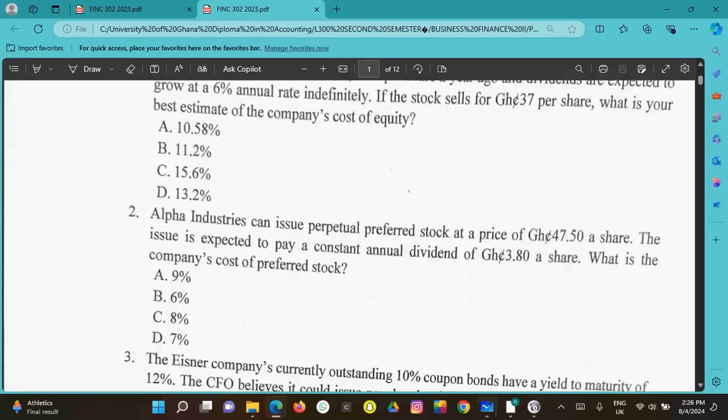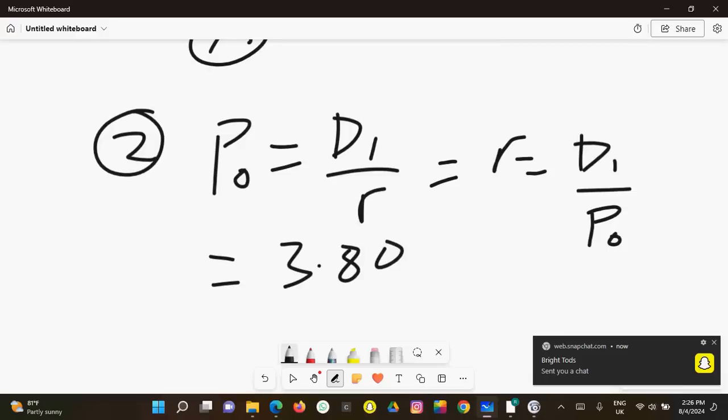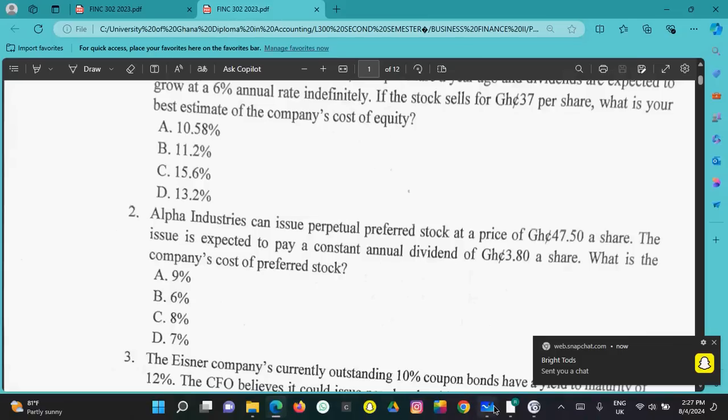And in the question, we're given D1, because for the preference share the dividend doesn't grow, it is constant, so we are going to use the dividend as D1. So 3.8 divided by 47.5, and it is going to give us 8%. Right. So giving us answer option C.